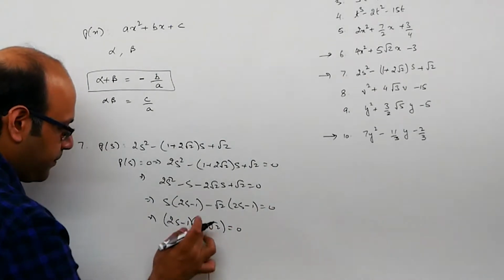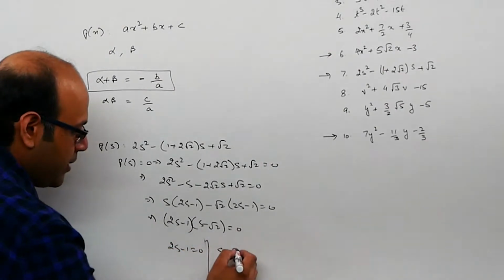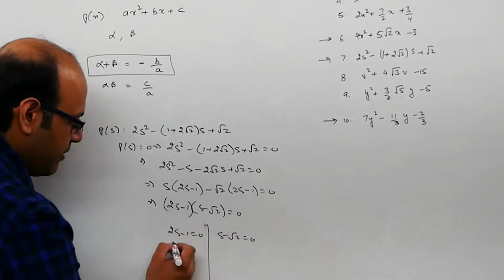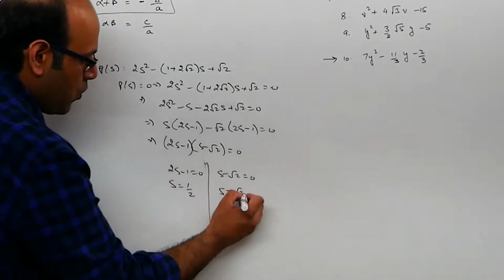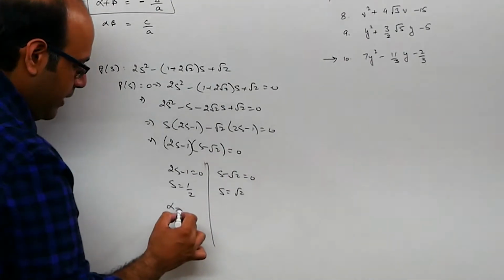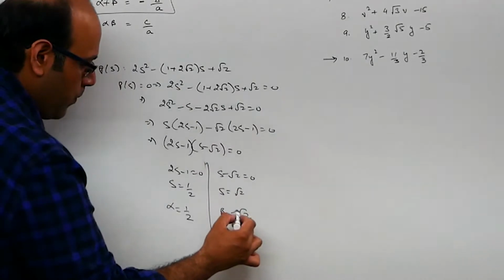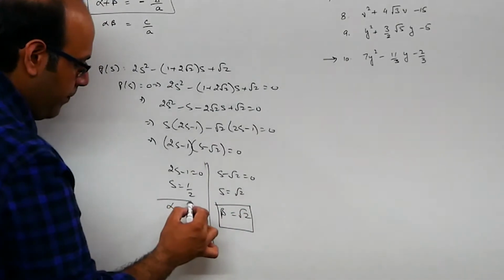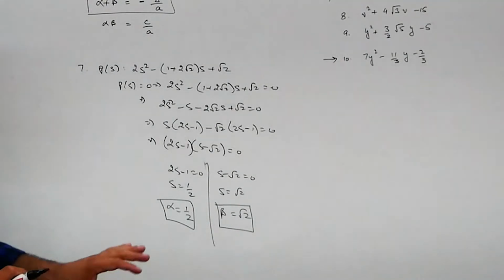So either 2s minus 1 equals 0 or s minus root 2 equals 0. This gives me s equal to 1 over 2, and this gives me s equal to root 2. So alpha in this case is 1 upon 2 and beta over here is root 2. These are the values of the two zeros of the polynomial PS.